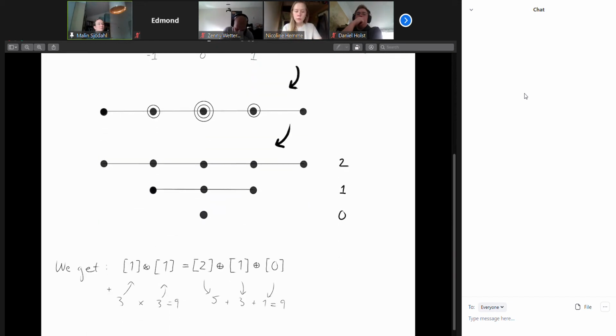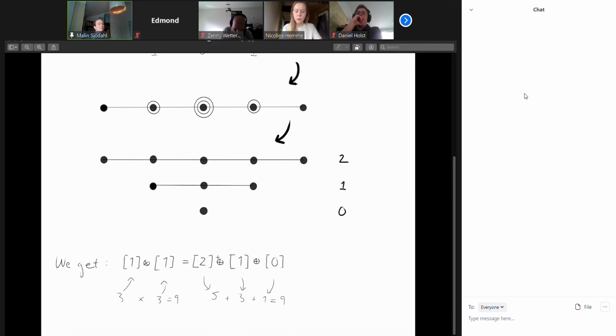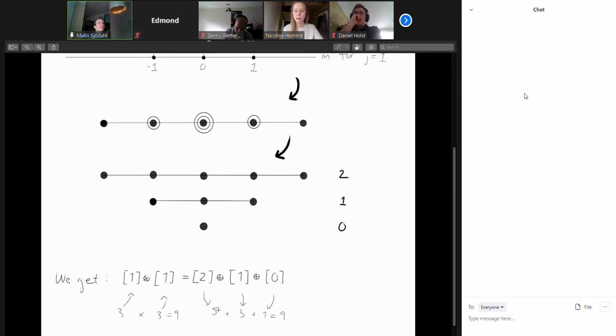And so this means that the direct product can be represented as the direct sum of these states. And down here, I've just double checked that there are the right number of states in both representations. Yeah, and that's what I have. Yeah, good.